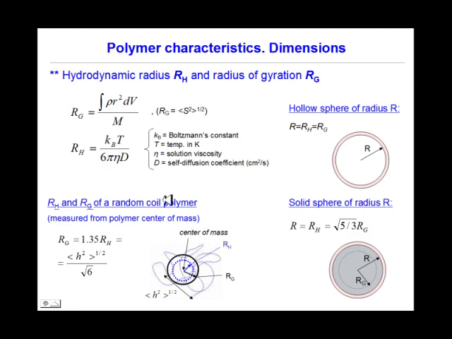Another important polymer characteristic is dimension, and our techniques are focused on both hydrodynamic radius and radius of gyration. Shown in this slide are the definitions and also the relationship between the RH and RG for a hollow sphere, for a solid sphere, and for a random coil polymer.